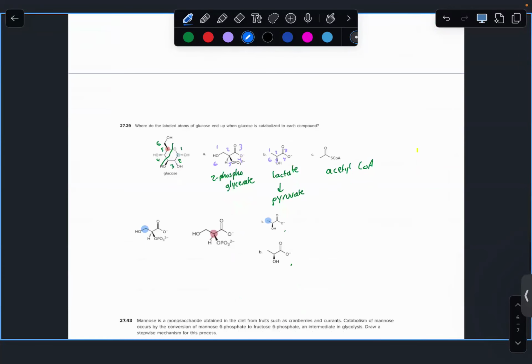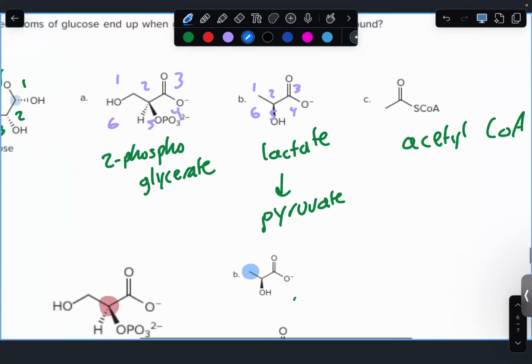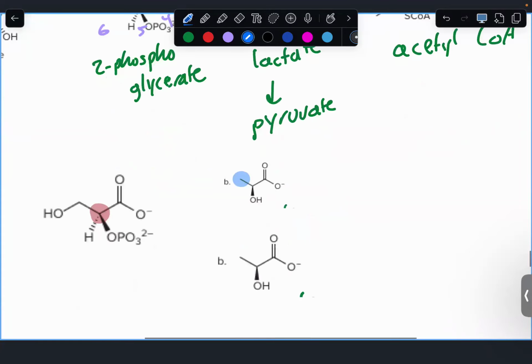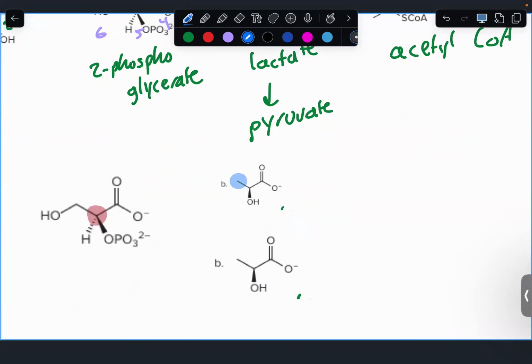So when you numbered it 1, 2, 3, and then 6, 5, 4, that's how they match up. Yes. I was just confused because there are not 6 carbons. Yes, there are 3-carbon subunits. That's what trips people up a lot because you have 2 separate molecules.